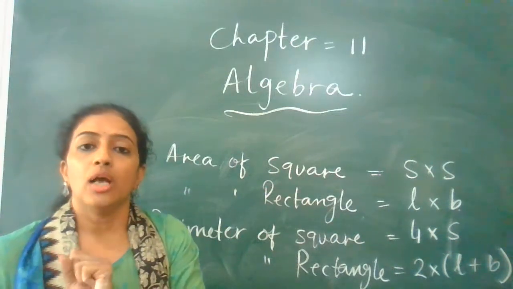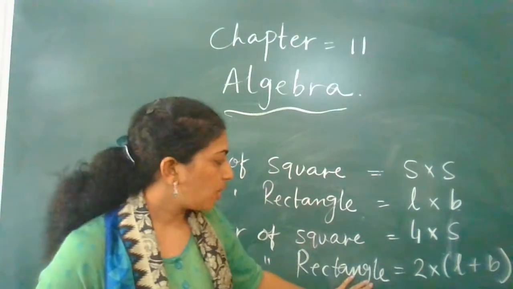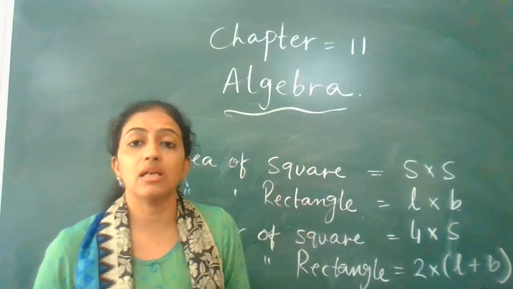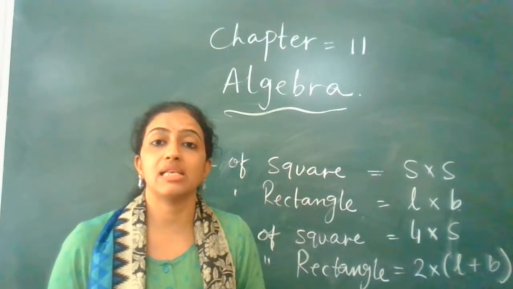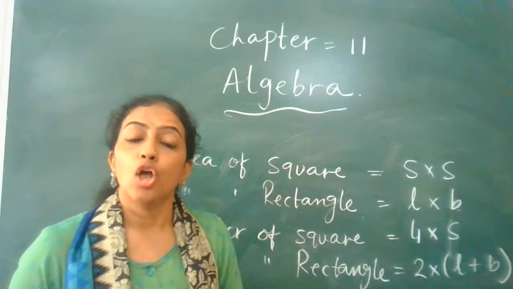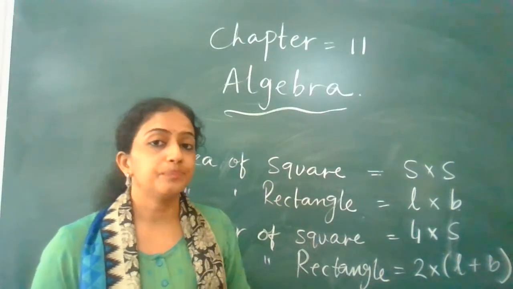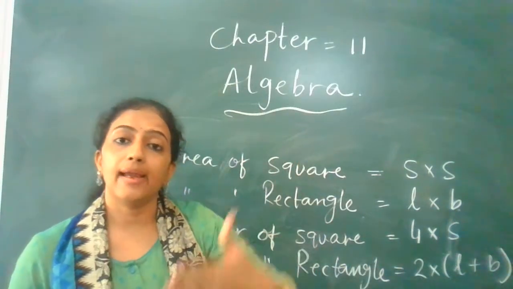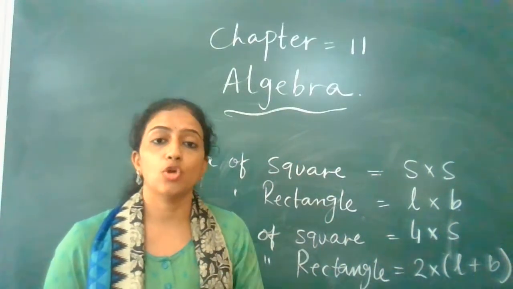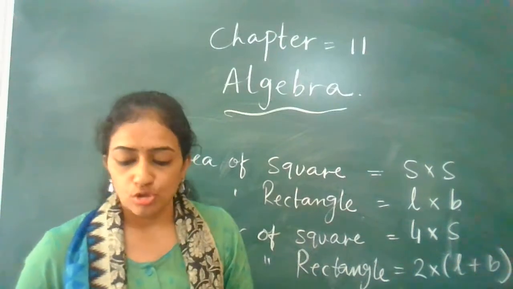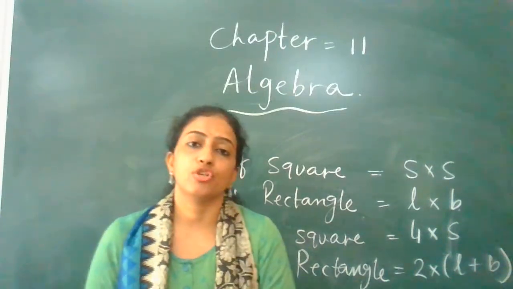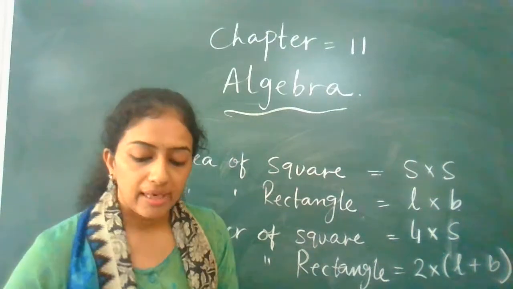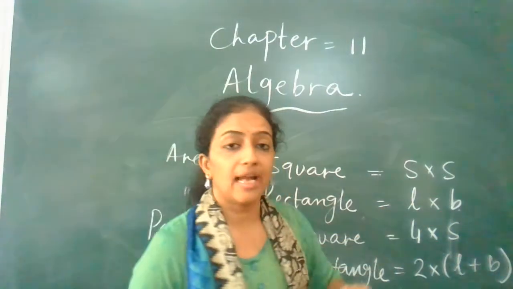You all know that when you are finding a missing length or missing breadth, you are using a variable. So this is the basic introduction of algebra: when the value is not fixed, that is a variable.